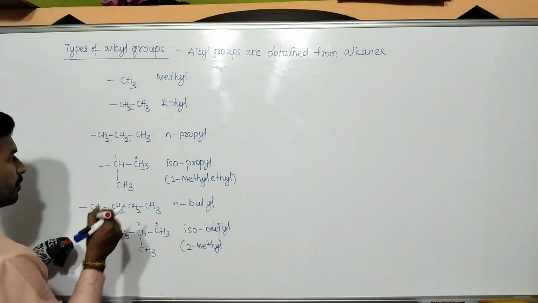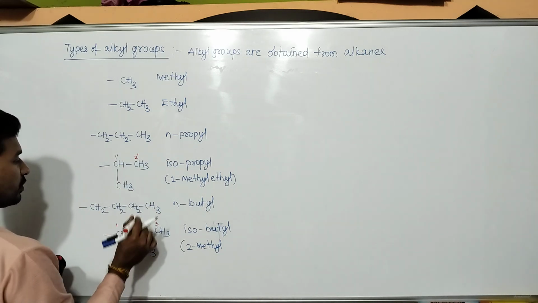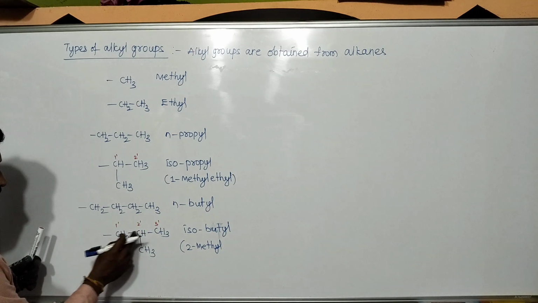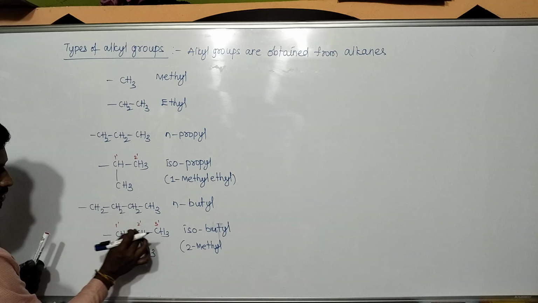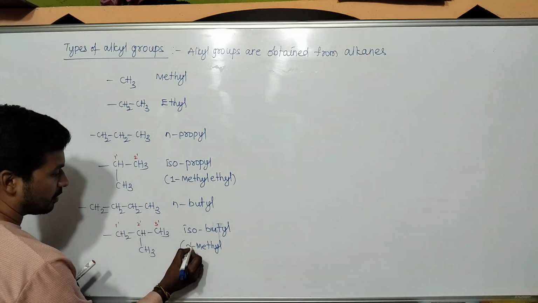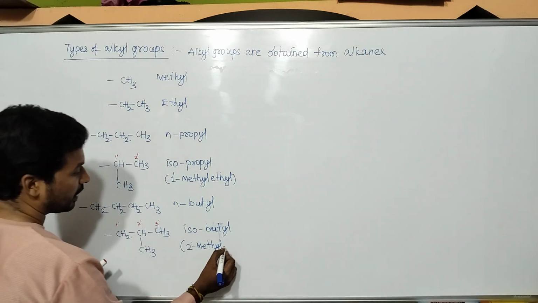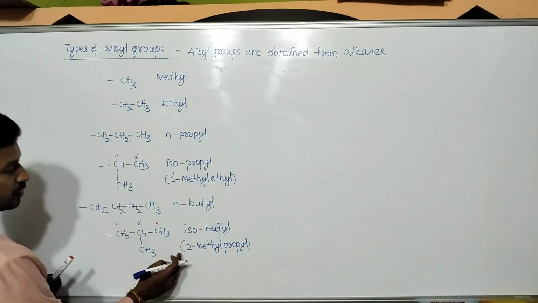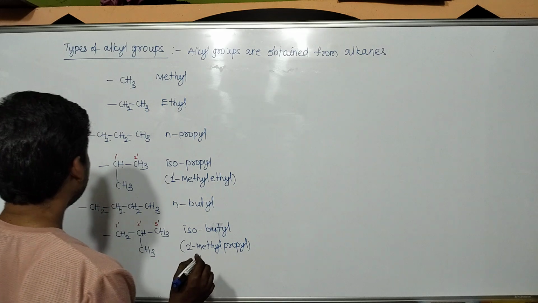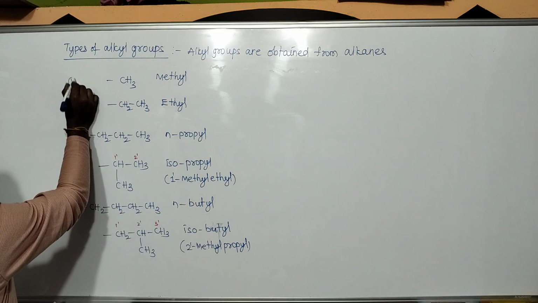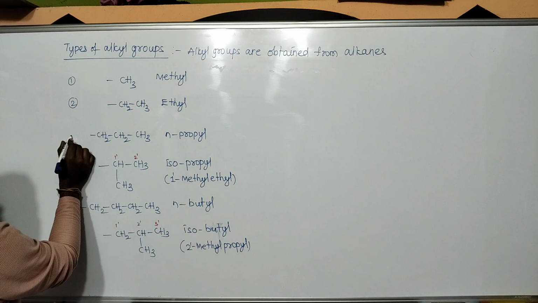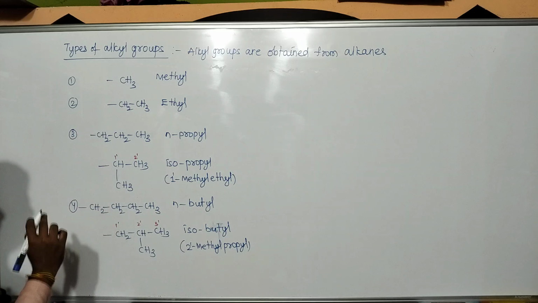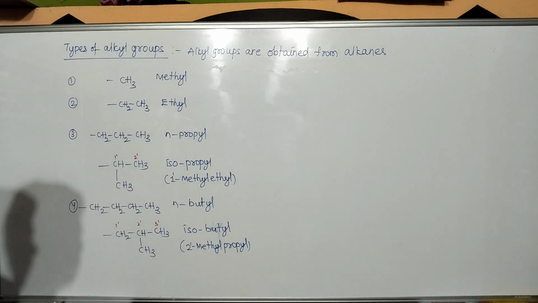In the branches we give numbers like 1 prime, 2 prime, 3 prime. For the parent chain we use the numbers 1, 2, 3. For the branched chain we use 1 prime, 2 prime, 3 prime. So this becomes 2 prime methylpropyl. These two come under propyl groups, and this is butyl. In butyl there are two: n-butyl and isobutyl.